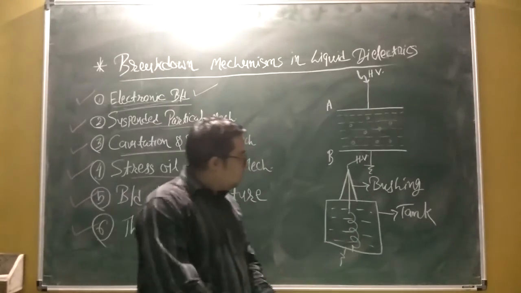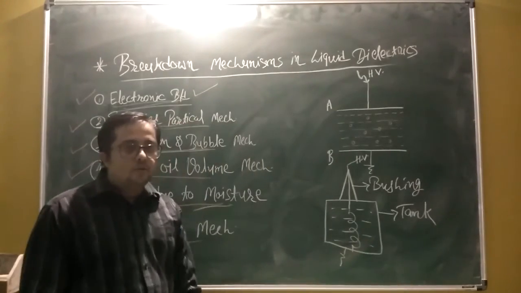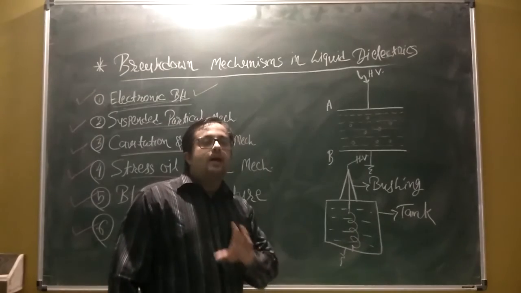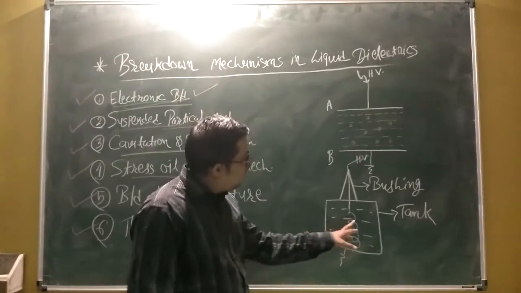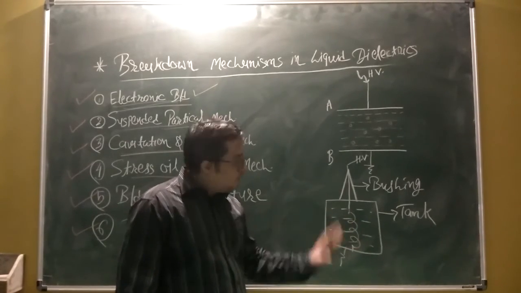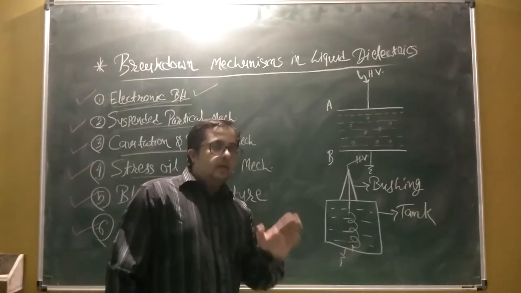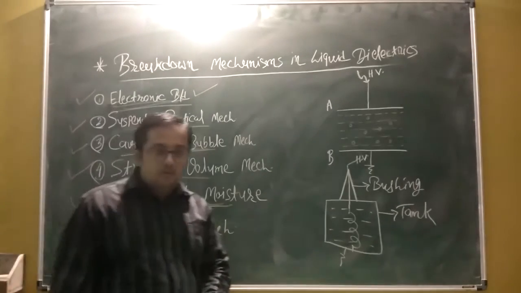Now you know that in transformers, not only liquid insulations are used, but solid dielectrics and composite dielectrics are also used, like the impregnated paper. The impregnated paper is used between two turns of the same winding. The solid dielectrics are used to isolate the high voltage winding and low voltage winding at the core.